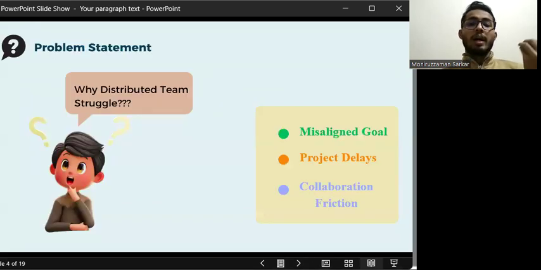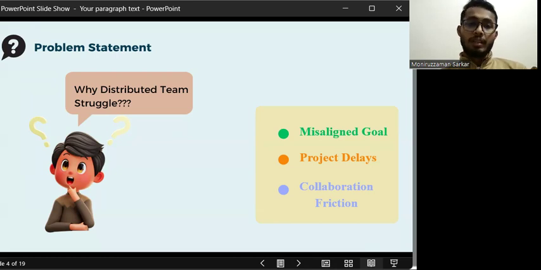Now, a question arises: why do distributed teams struggle? As we mentioned, distributed DevOps faces some problems. The first is misaligned goals.